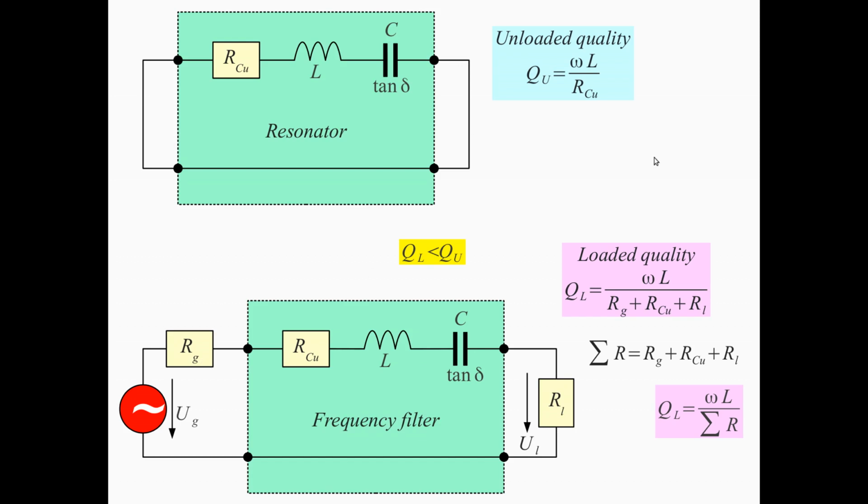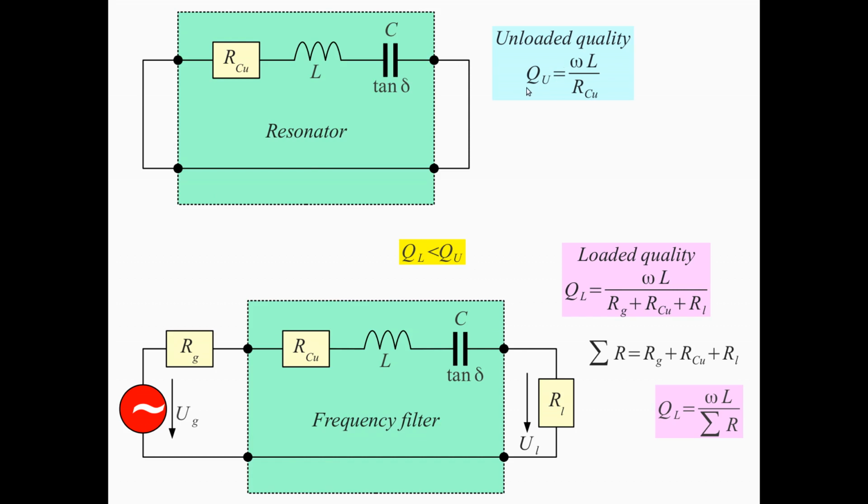So what we define right now on this picture is that we are really talking about two Qs, two different values of quality of the resonator. We have the unloaded quality and the loaded quality of the same resonator, that connected as a two-port device makes up a frequency filter, a bandpass frequency filter.